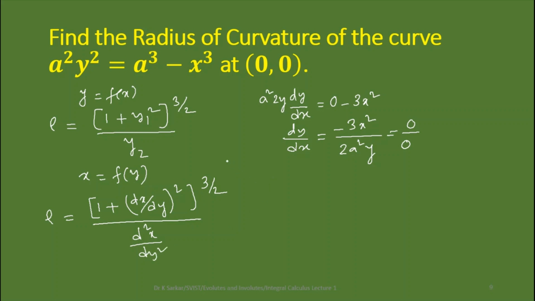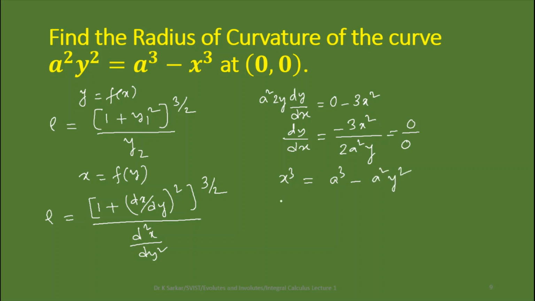So we have to find dx/dy from this equation, differentiating it with respect to y, changing this order. So let us write first x cube, which equals a cube minus a square y square.